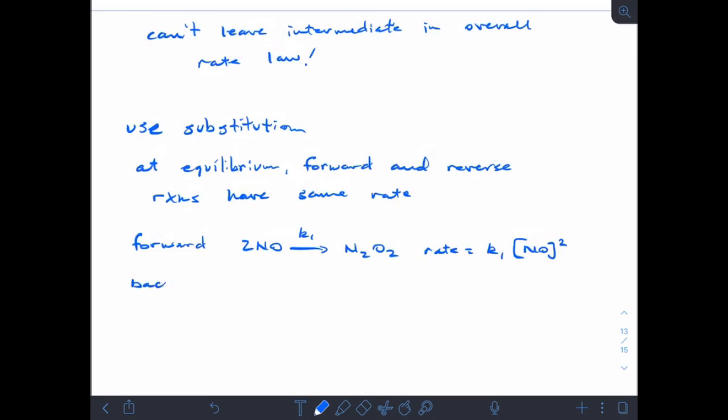And then our backward reaction will have N2O2 with K2 becoming 2NO.